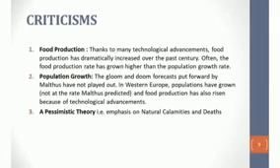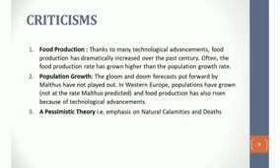Number 1, food production. Many thanks to technological advancement, food production has dramatically increased over the past century. Often, the food production rate has grown higher than the population growth rate. This is as a result of the use of fertilizers, improved seedlings, and so on and so forth.